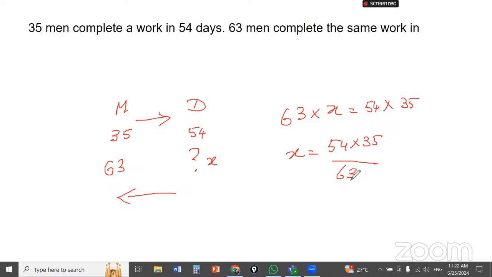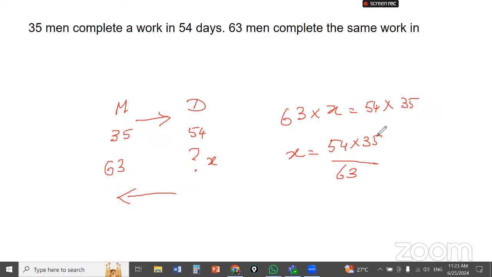Yes, Jaslyn, your answer is right. Yes, Pranav, Arjun, Dhanushri, the answers are right. It is 30.